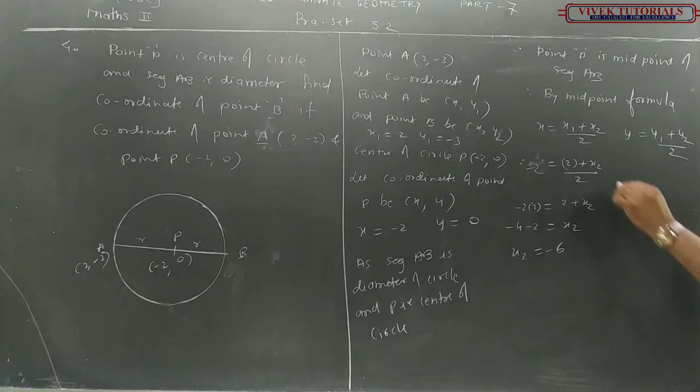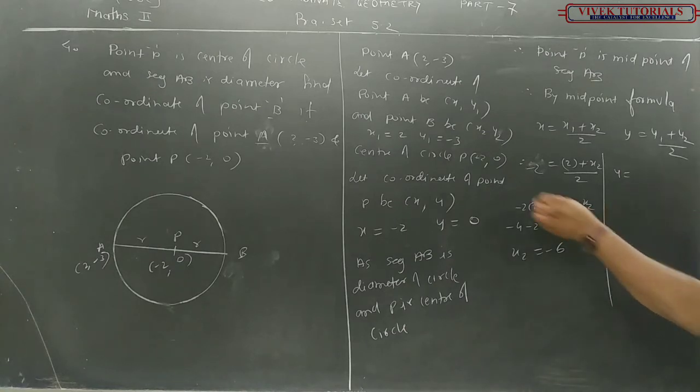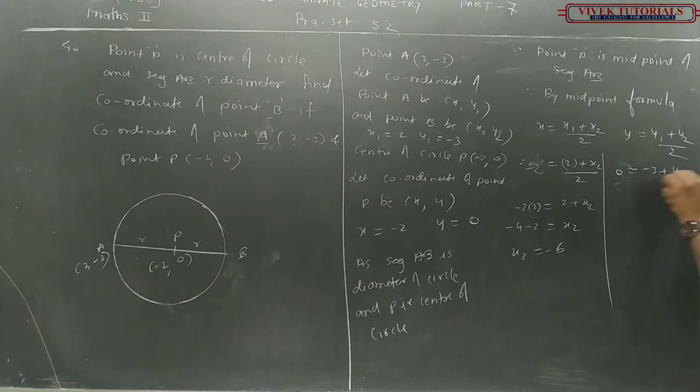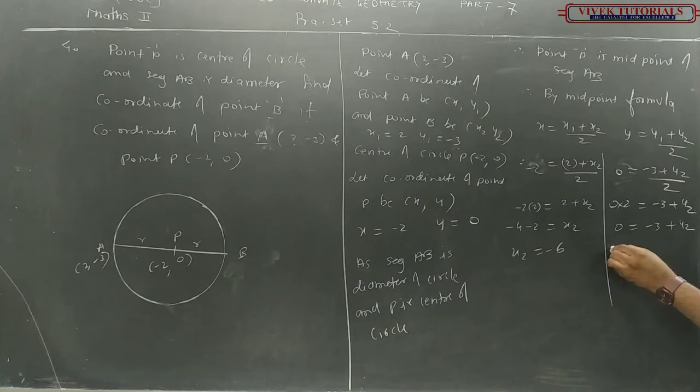And what about y? y is equal to (y1 + y2) upon 2. We know the value of y1 is -3 and the value of y is 0, and y2 we don't know. So 0 into 2 is equal to -3 plus y2. 0 is equal to -3 + y2, or plus 3 is equal to y2. So y2 is equal to 3.